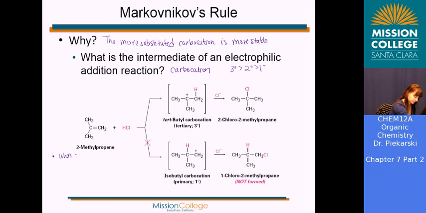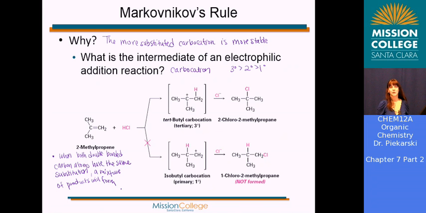When both double bonded carbon atoms have the same substitution, a mixture of products will form. Okay, so if they have the same substitution, then the carbocation doesn't care where it forms, right? One's not more stable than the other, and so therefore, if you get 2 intermediates, you're going to have 2 products. So be careful with that.